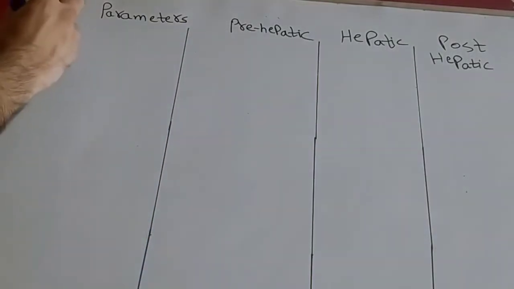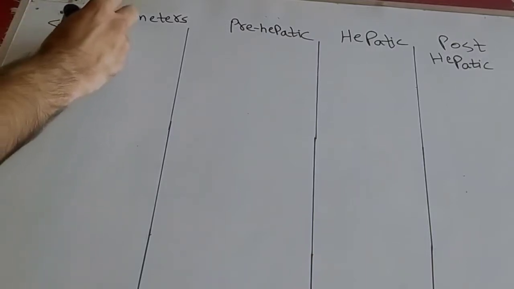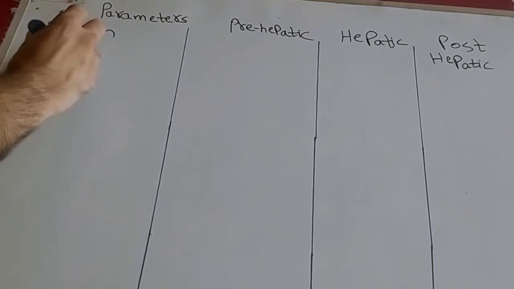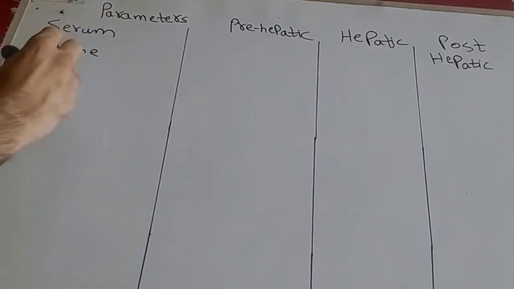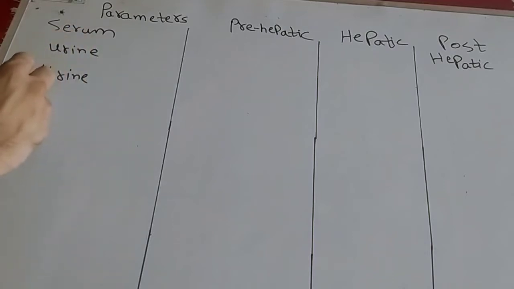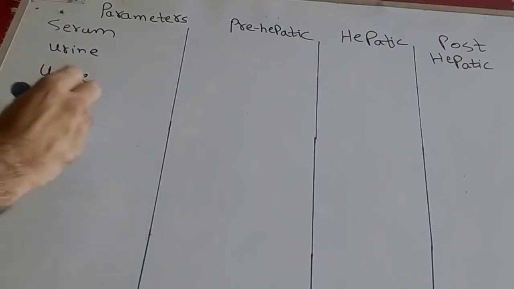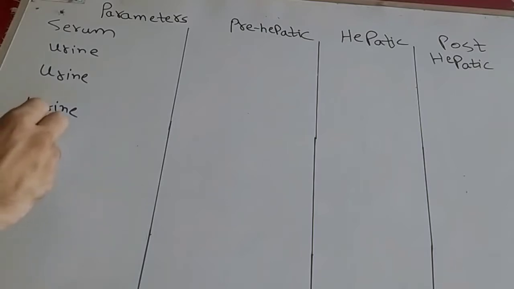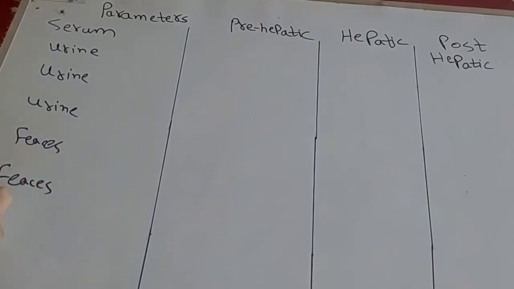So first, writing here the serum, urine, feces, alkaline phosphatase level, and albumin.